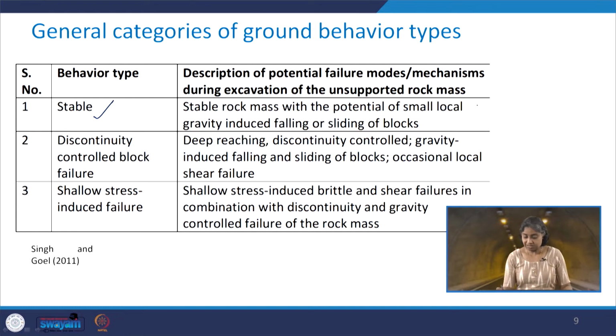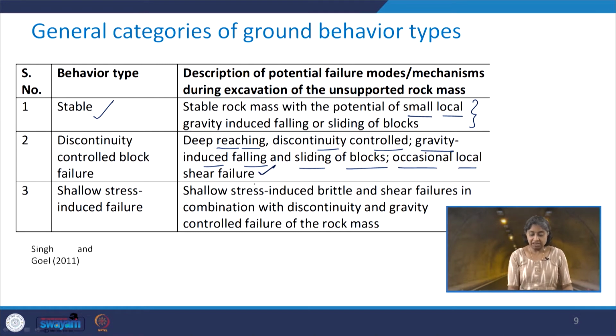The first one includes the stable type of behavior. This has the stable rock mass with the potential of only small local gravity induced falling or sliding of blocks. Now, when it is discontinuity controlled block failure, it is deep reaching and discontinuity controlled. The gravity induced falling and sliding of blocks can be observed, and then occasional local shear failure can also take place.